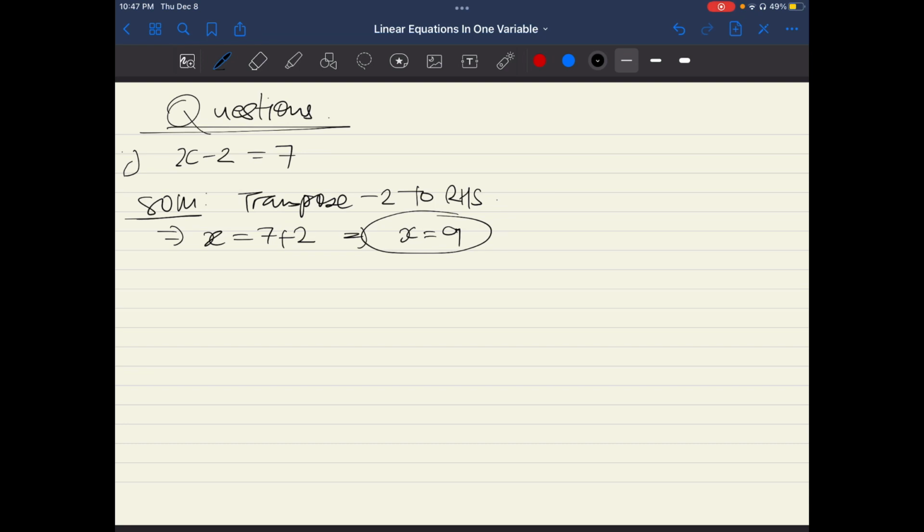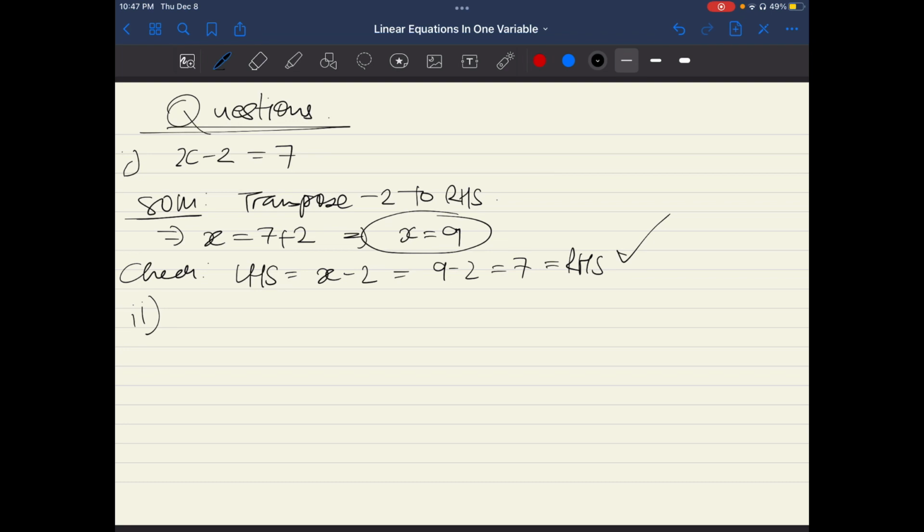And now we can again check our solution. LHS equals x minus 2, which is 9 minus 2, which is 7, which is equal to the RHS. Therefore, our solution is correct.